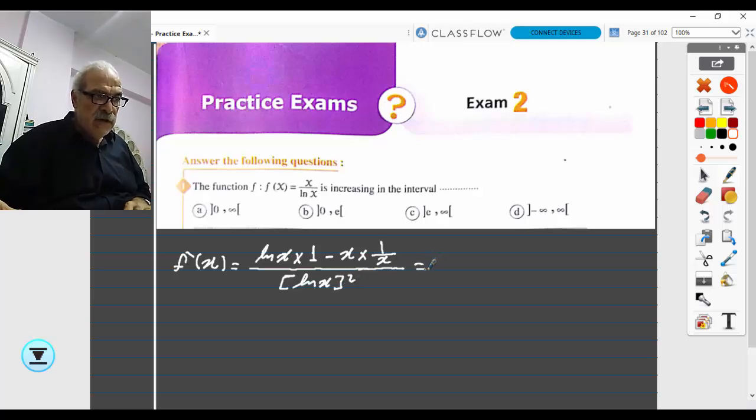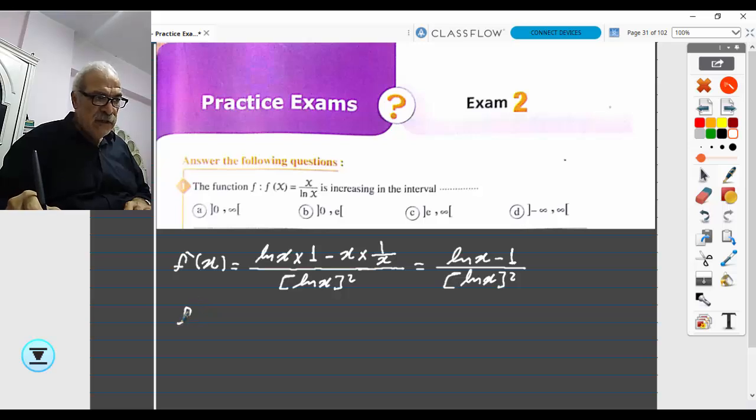Now we simplify the numerator. It will be ln x minus x multiplied by 1 over x, equals ln x minus 1 over ln x all squared.